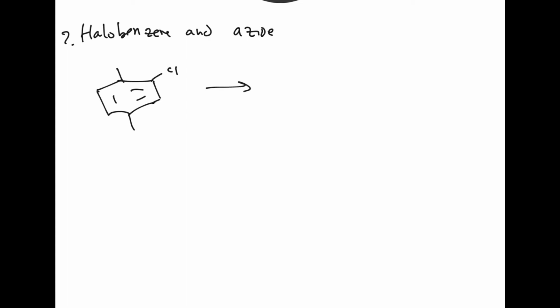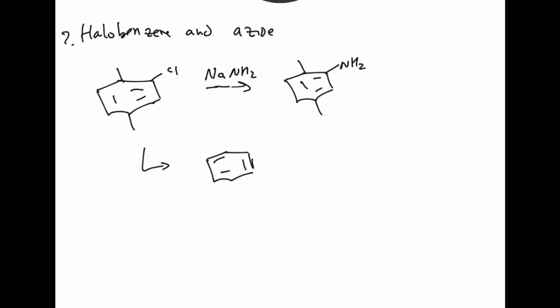It's basically the same thing, but now you have, like, instead of an oxygen, you have amines. But you're going to do the same thing in the end. The amine is acting as a base to make the benzyne. And then it adds to the benzyne.